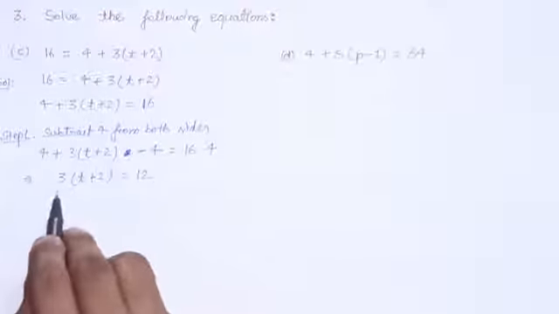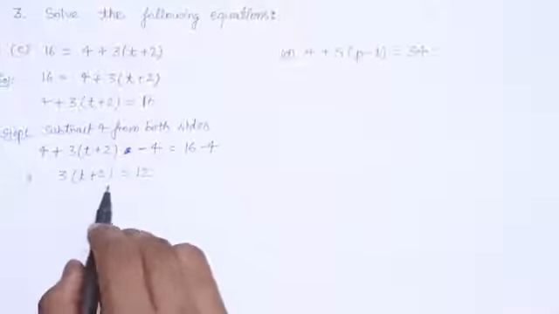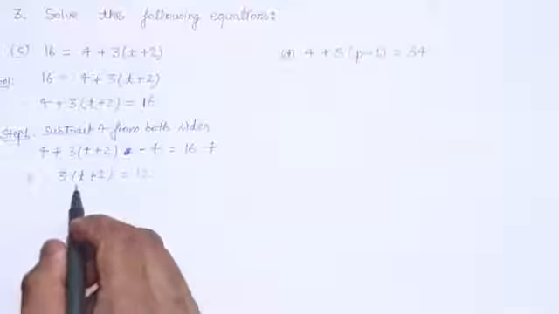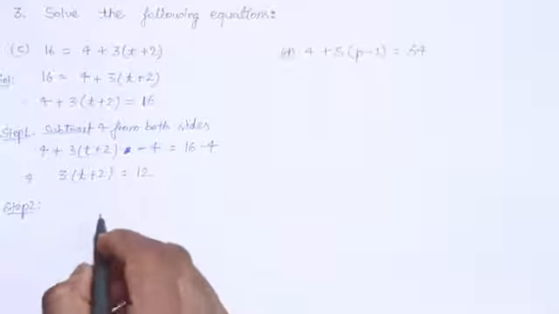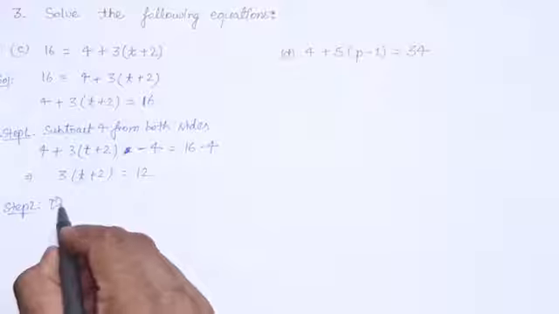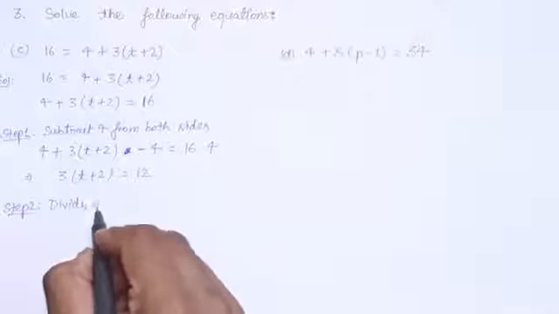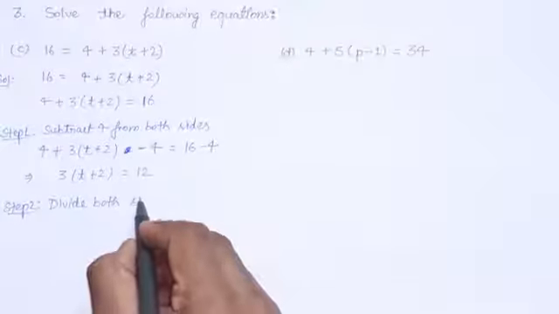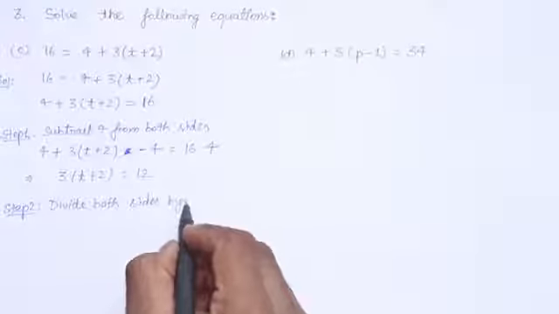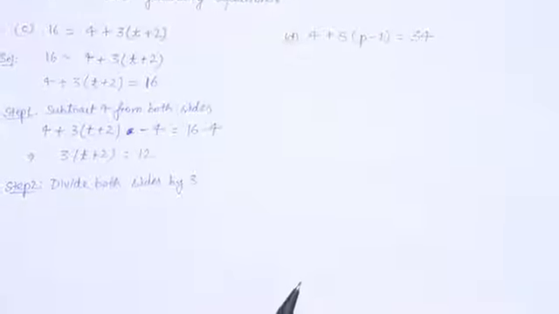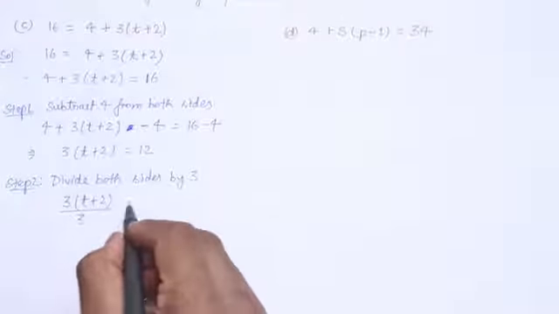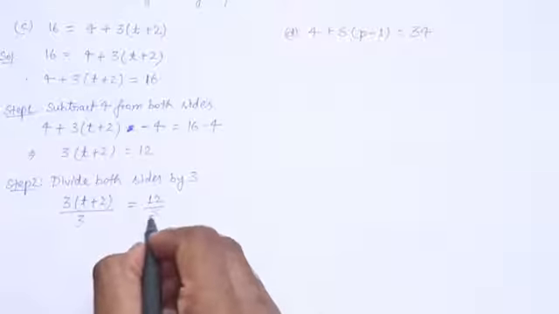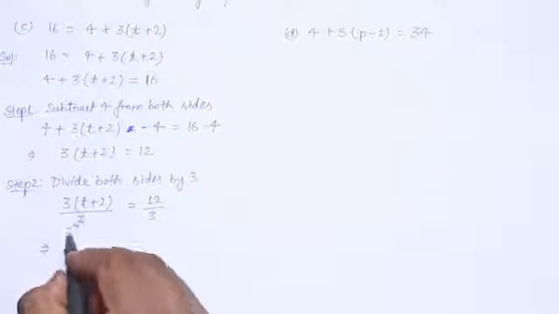Again you can see that on the left hand side we have 3 times (t plus 2), not only t. So what is our step 2? In step 2, divide both sides by 3, and let us see what we get. So here we can write 3 times (t plus 2) divided by 3 equals 12 divided by 3, which implies that 3 and 3 are cancelled out.